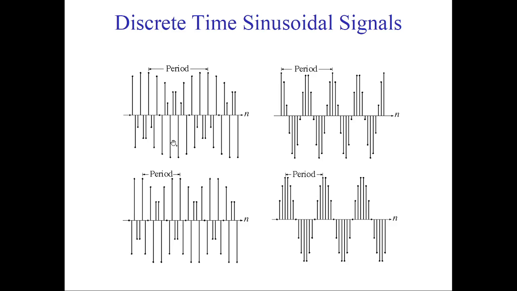So the sine wave you can represent like this, continuously. From this end to this end, the peak to peak is the period. Regarding sampling, if the samples are spaced far apart here, and here the spacing is less, then sampling is less here and more here.